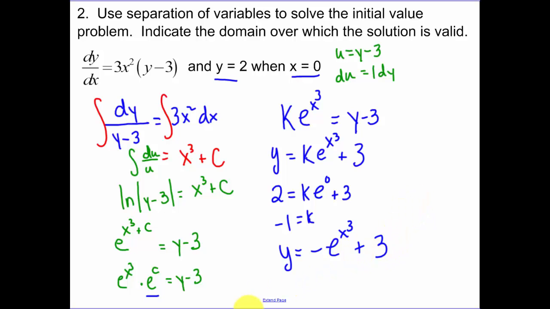Now it asks us to indicate the domain for which the solution is valid. Since our derivative has no restrictions on x, and I can plug in any value for x, we're valid from negative infinity to infinity. In your classwork, you're going to find somewhere you have some domain restrictions, and we'll talk about those in class.